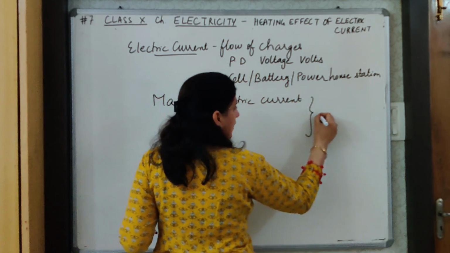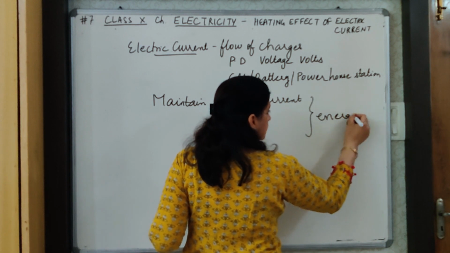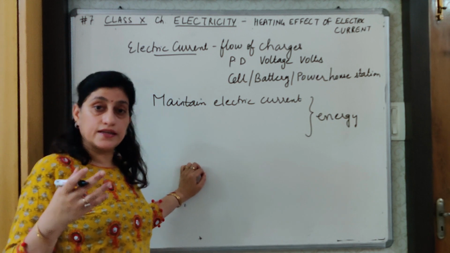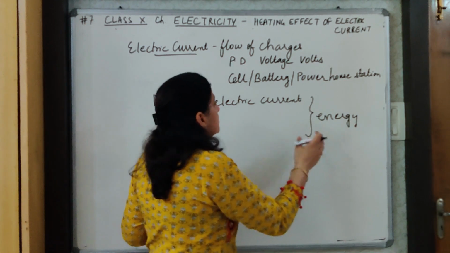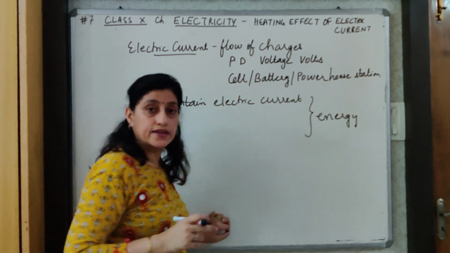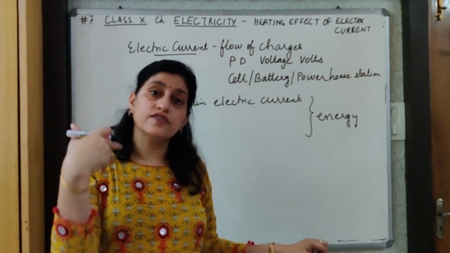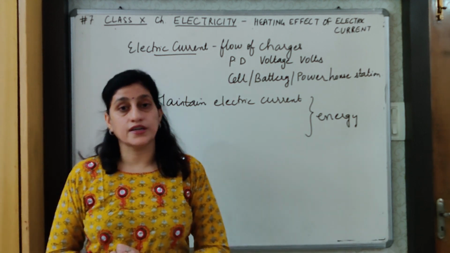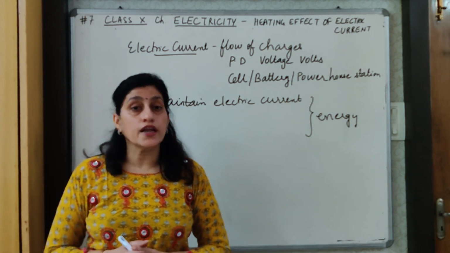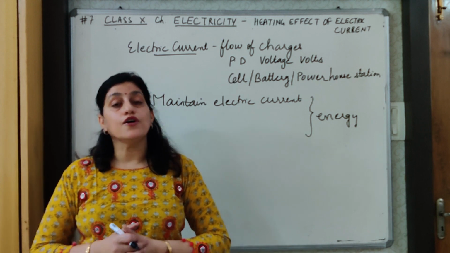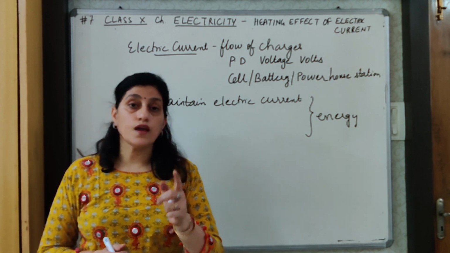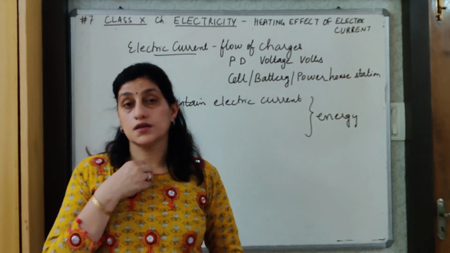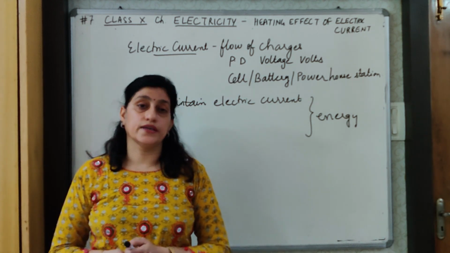Some form of energy has to be used. Like cell and battery, they use chemical energy. So whatever energy we are supplying is being utilized in the flow of electric current, and therefore we get a continuous, uninterrupted flow of current.